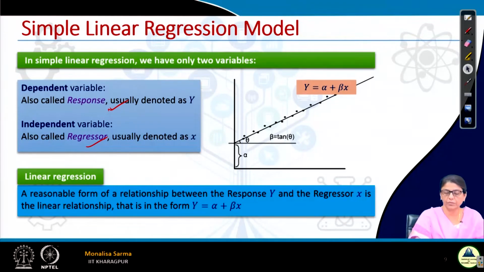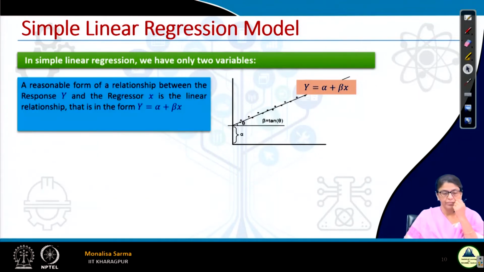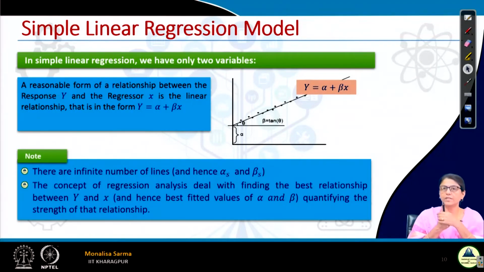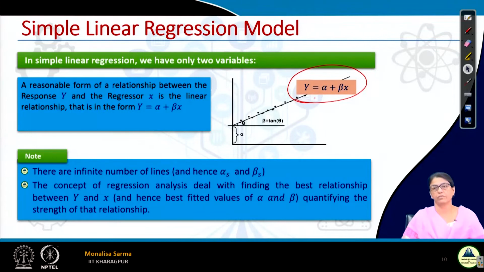So a reasonable form of relationship between response y and regressor x is a linear relationship, that is, a form of y equals alpha plus beta x, where alpha is the intercept, beta is the slope. Okay. So now y equals alpha plus beta x, that is a mathematical model that we have considered.